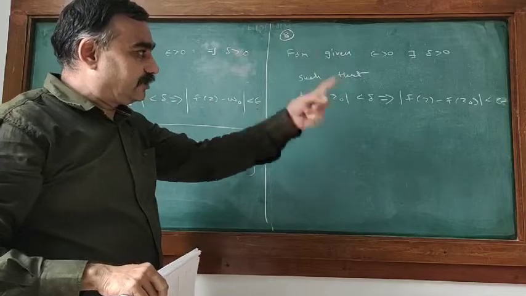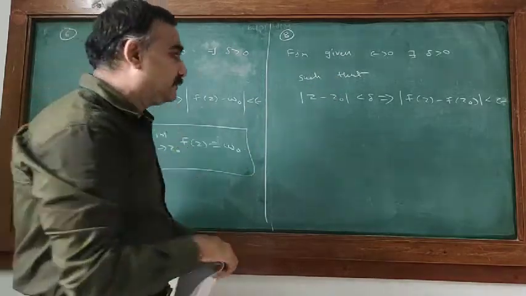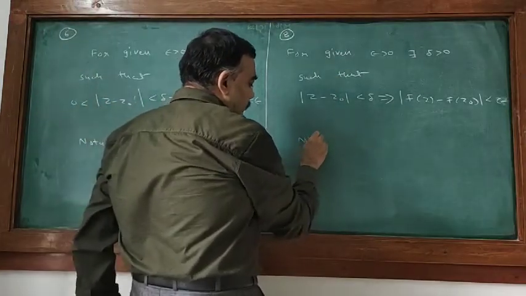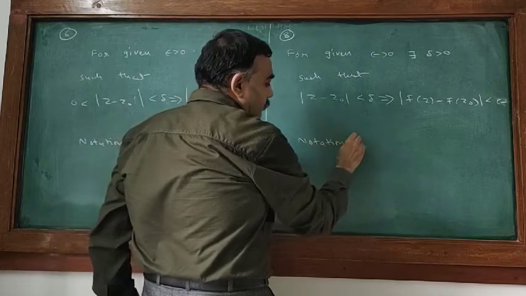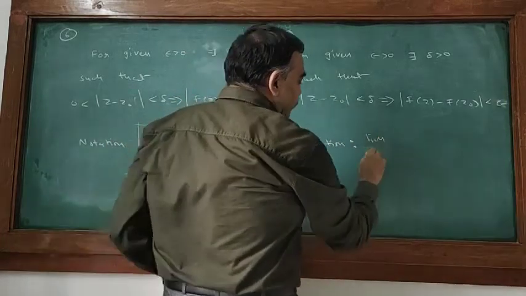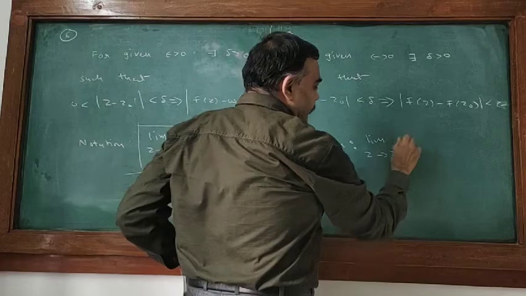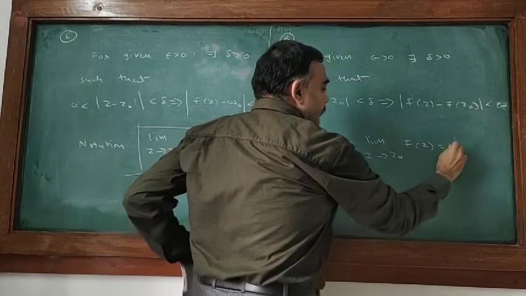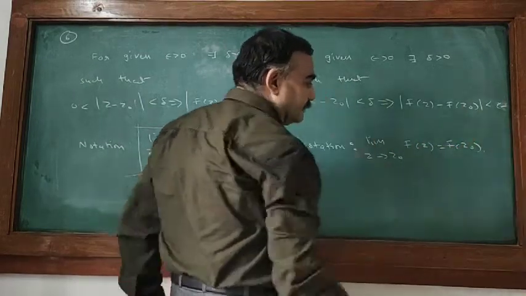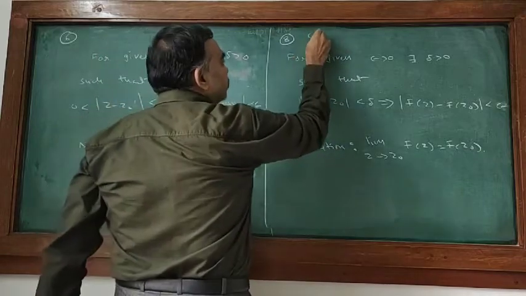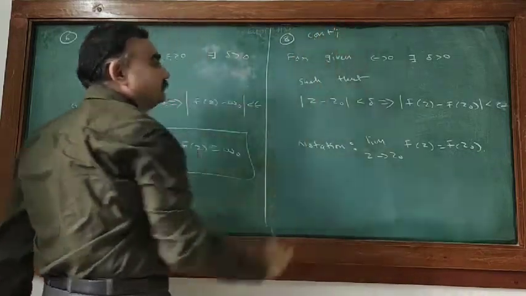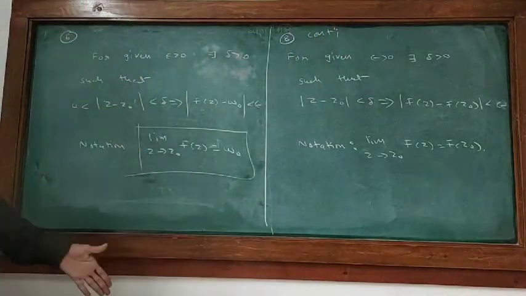And this is the definition of continuity, and the notation is limit z tends to z0, f(z) is f(z0). This is continuity, and this is limit.